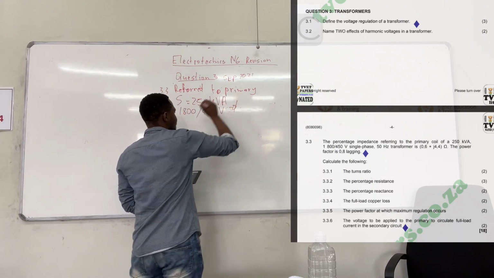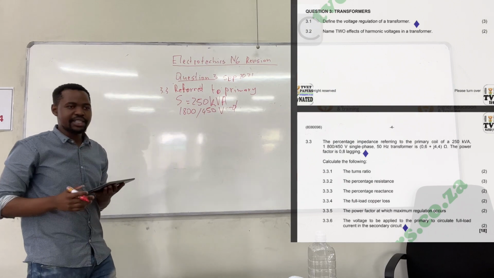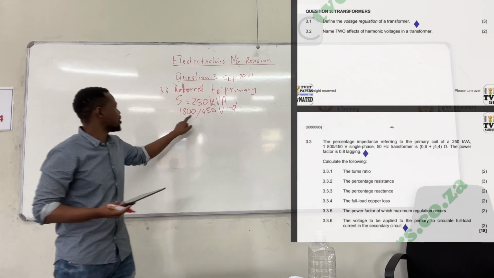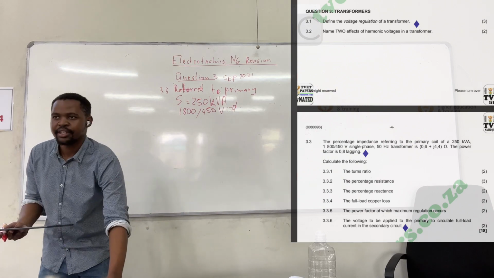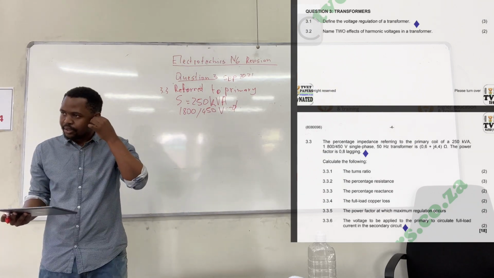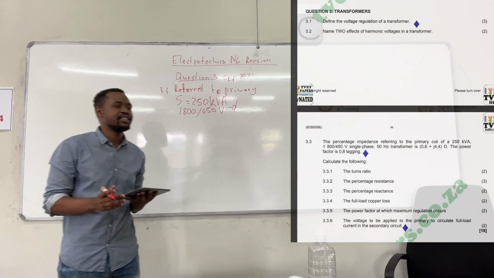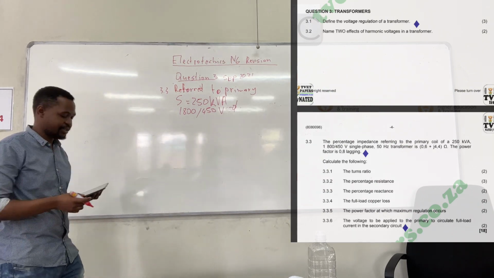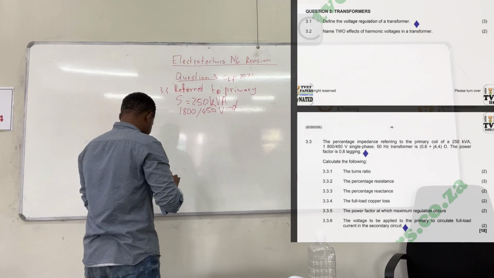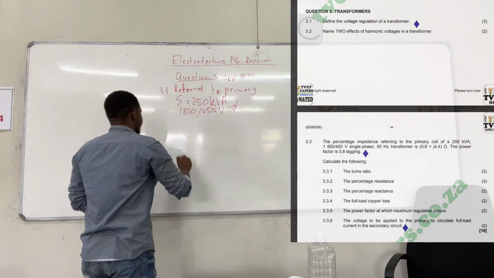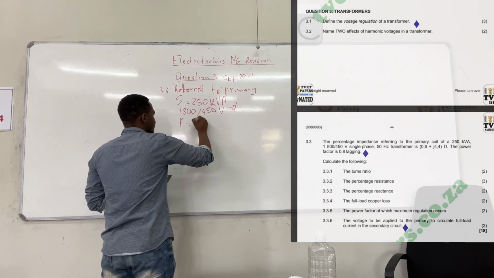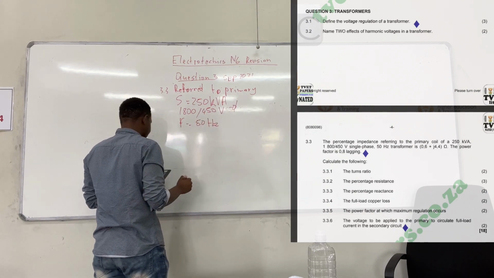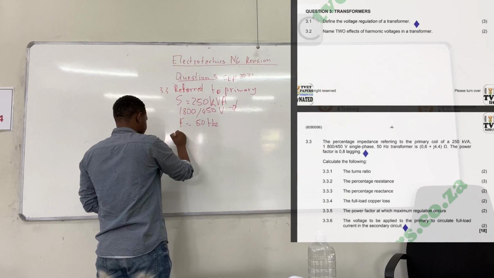What type of transformer is that? A step down transformer. Then we are given a frequency, 50 hertz. Then we are given the impedance.